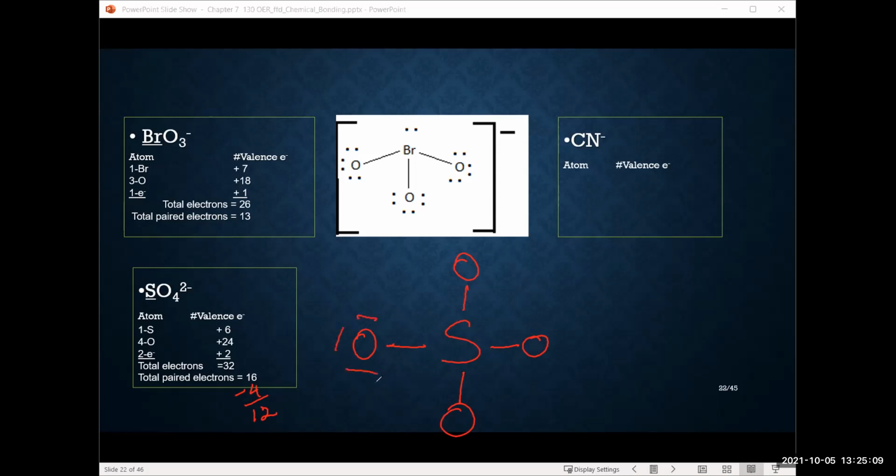So I got 1, 2, 3, 4, 5, and 6, 7, 8, 9, 10, 11, and 12. And that took care of all of my electron pair. It is a polyatomic ion, so don't forget to draw the brackets with the -2 charge. Okay, I always circle my charge just to show it's the charge. That's a preference, it's not required.